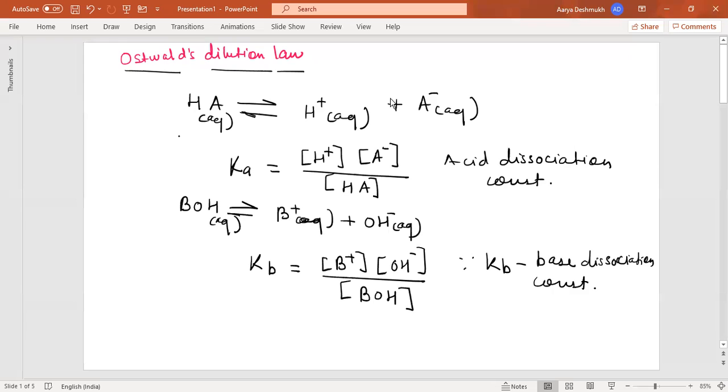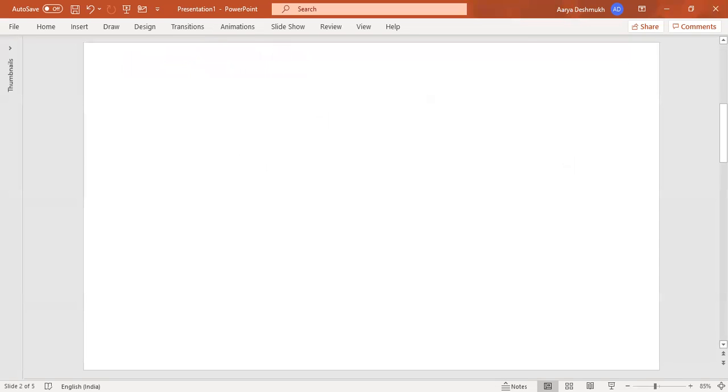Okay. Now suppose we want to quantify this. Suppose we take 1 mole of acid HA present in V volume, in V dm cube of the solution. Here we are considering volume and the concentration of the acid also.